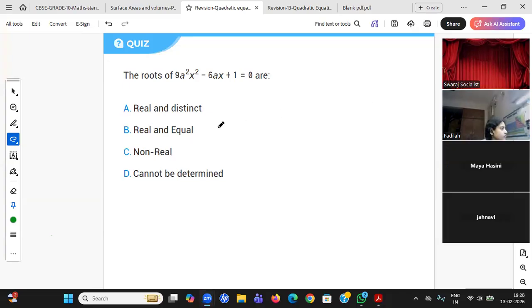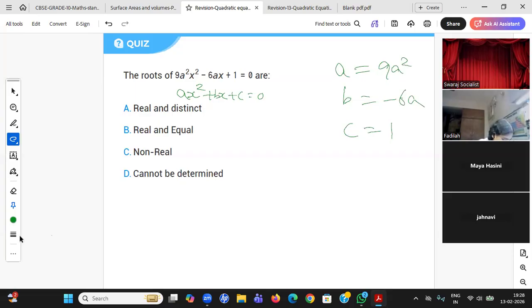Non-real? I don't think so. b square minus 4ac, ax square plus bx plus c equal to 0. You see, compare: a equal to 9a square, b equal to minus 6a, c equal to 1. Okay, so as he's asking nature, b square minus 4ac, beta.